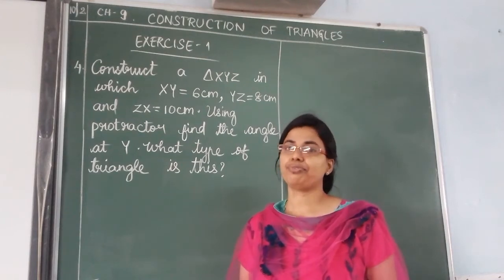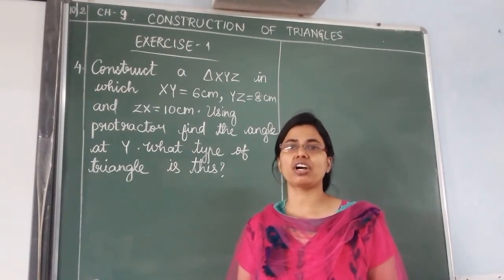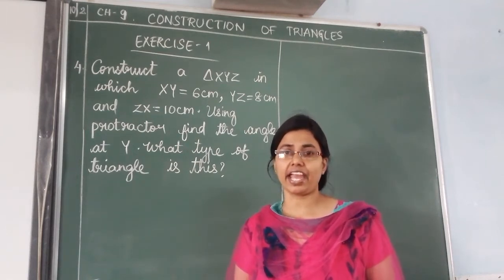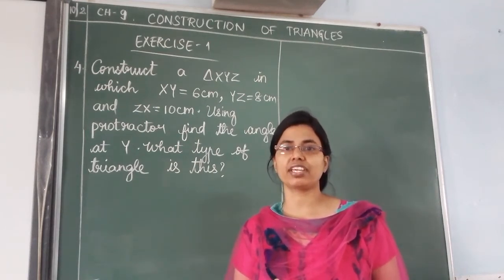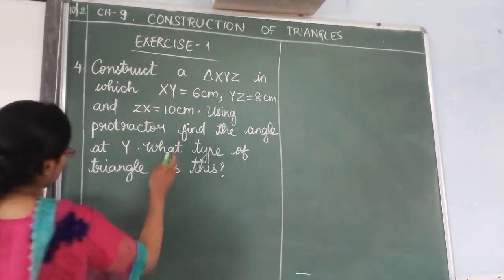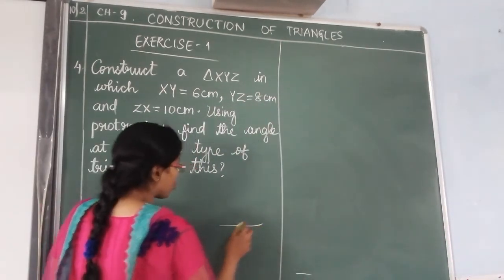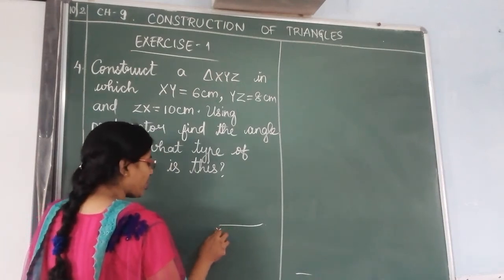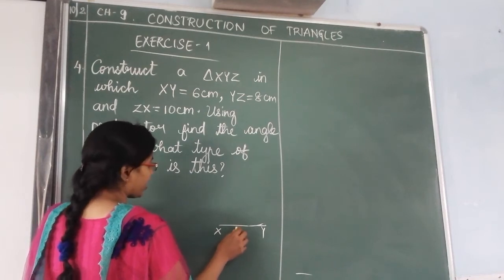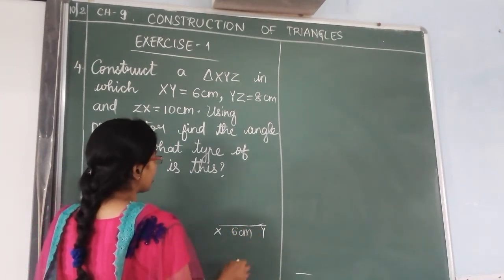Very good. The first thing is we have to draw a rough sketch of the triangle XYZ and label it with the given measurements. So let's do the first step. So first thing is draw the base. The base if I take as XY, base is XY and the length is 6 centimeters.